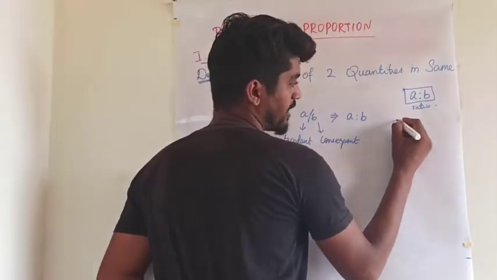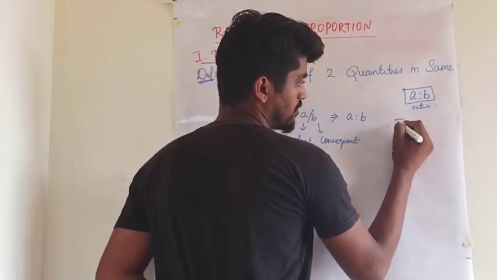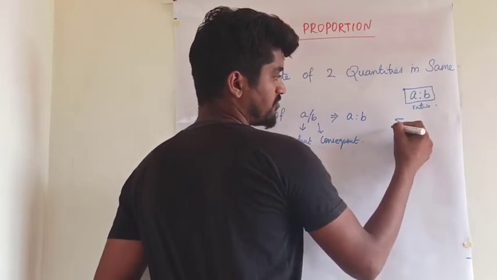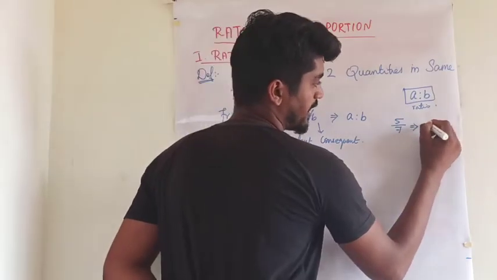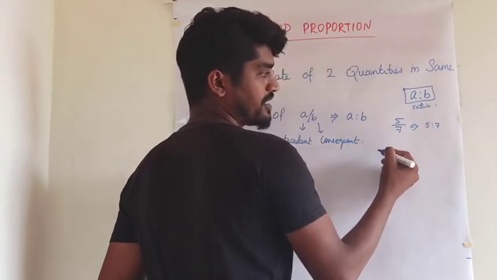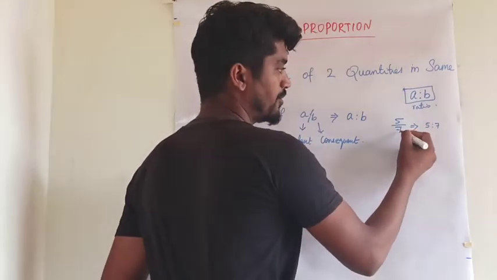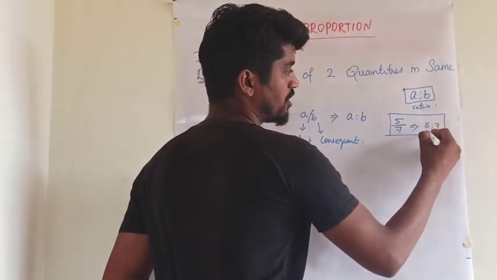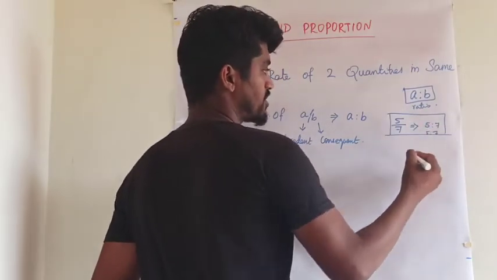When we take an example, 5 by 7 in fractional format, we write it as 5 is to 7, because 5 and 7 have the same unit, so we write it as the ratio 5 is to 7.